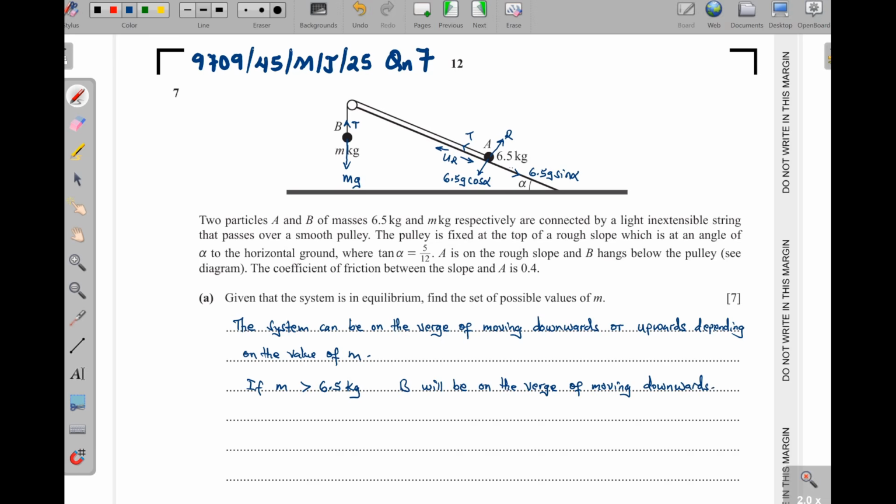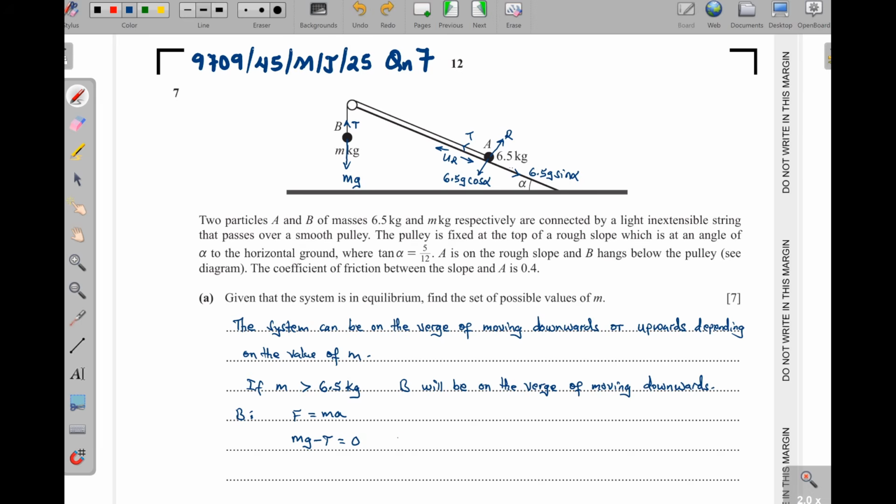You see that? So when you look at B, using F equals ma, mg minus T will be equal to what? 0, because the system is in equilibrium, so acceleration is 0.